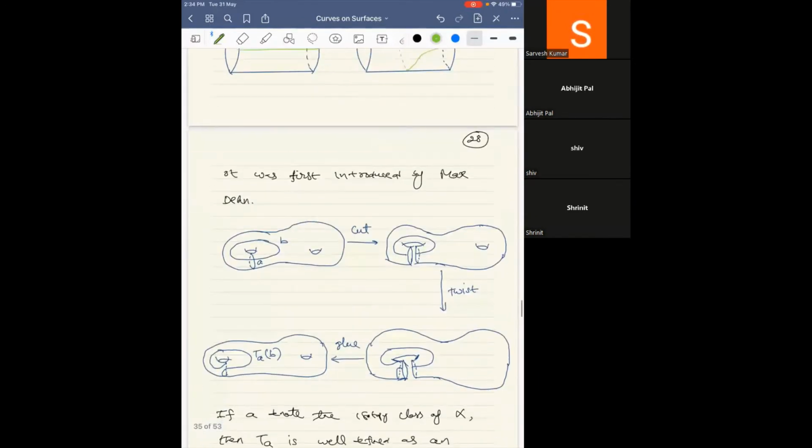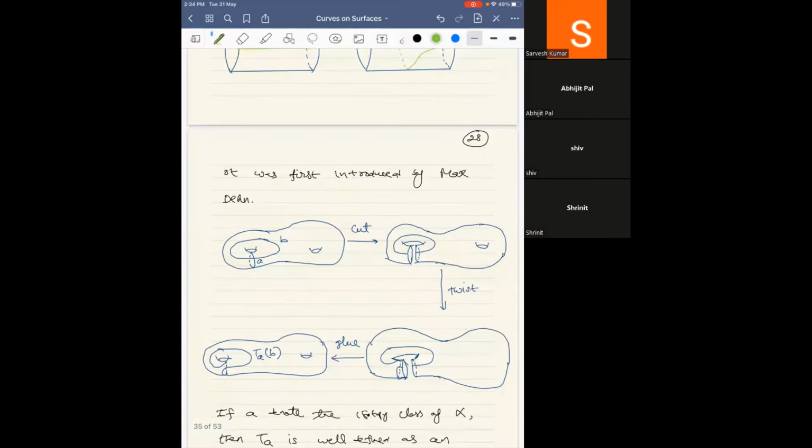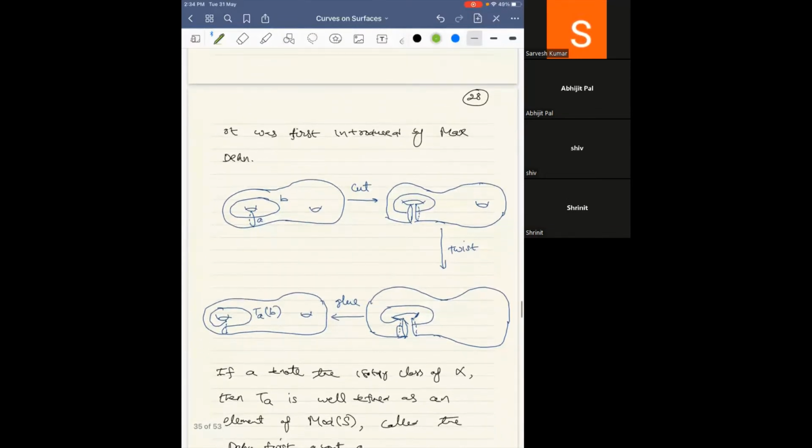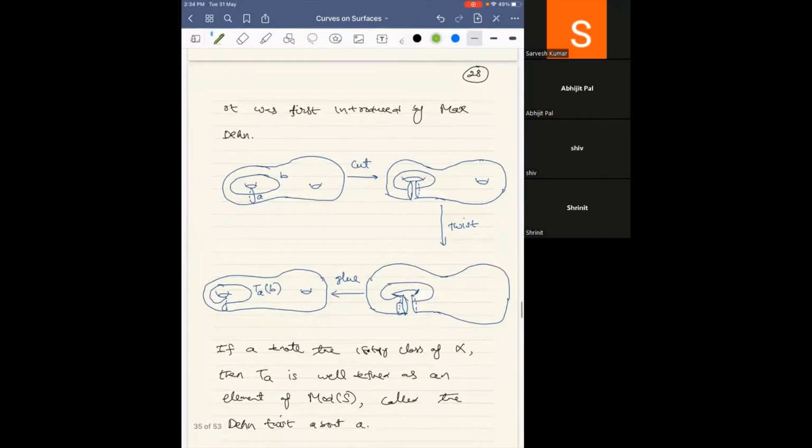Okay. So here is another picture for a genus 2 surface, again from the textbook. Just look at two curves A and B. So what is really a Dehn twist?